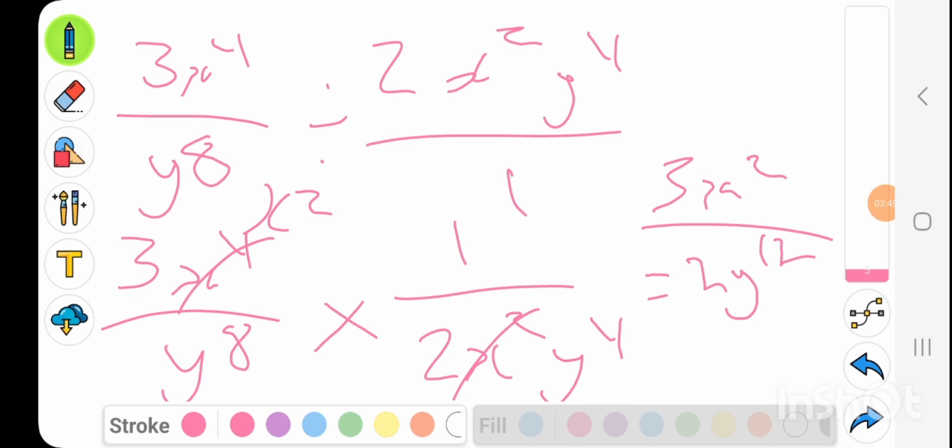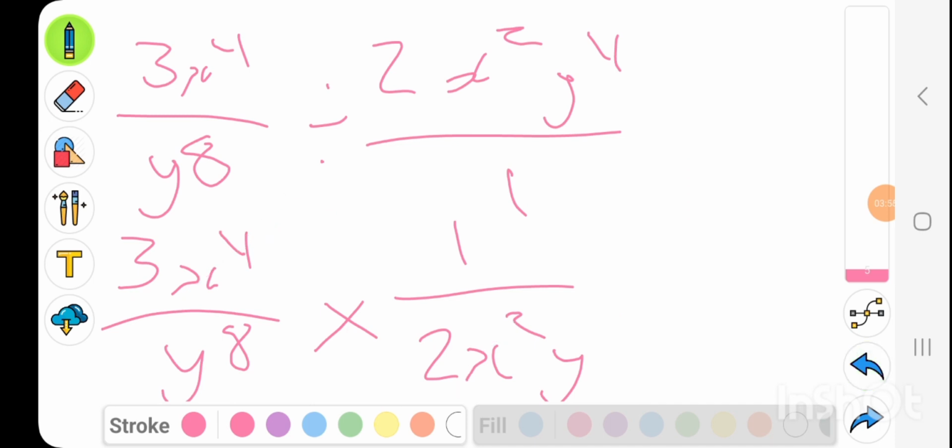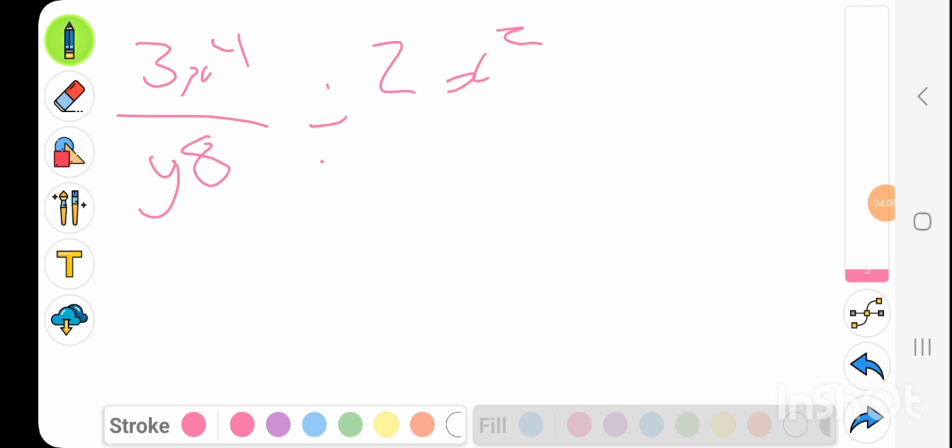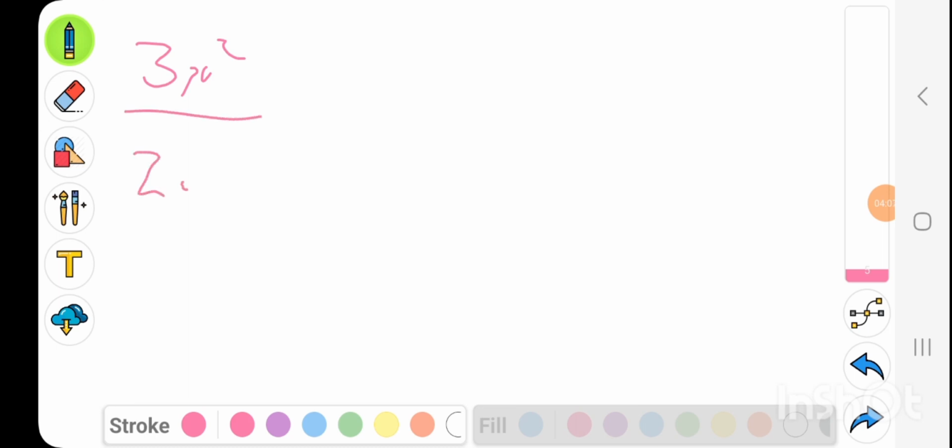So it's basically 3x squared over 2y to the power of 12.